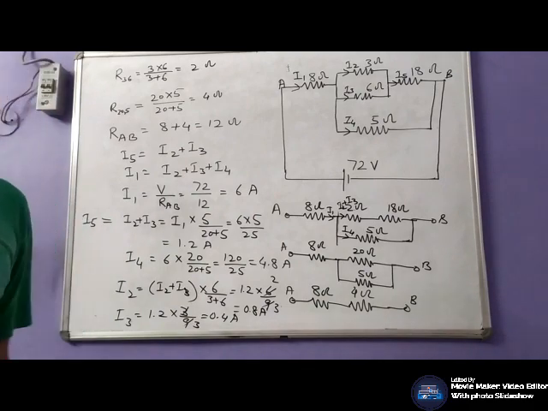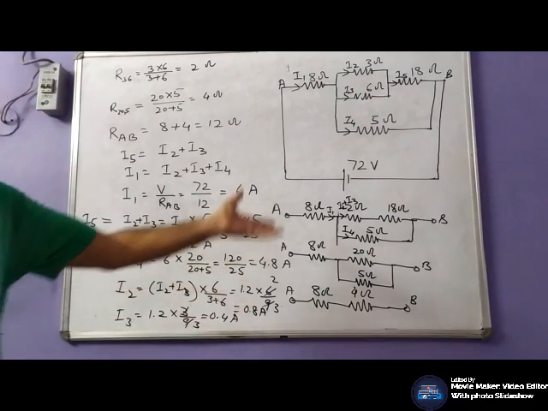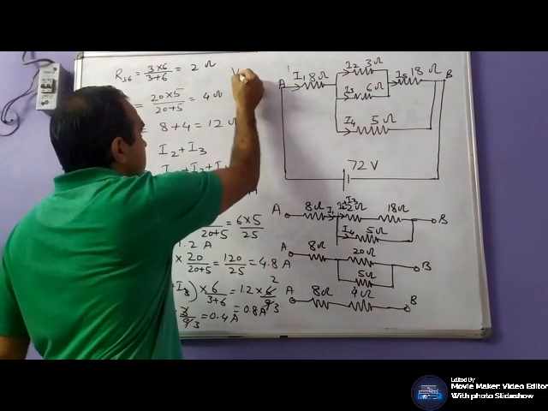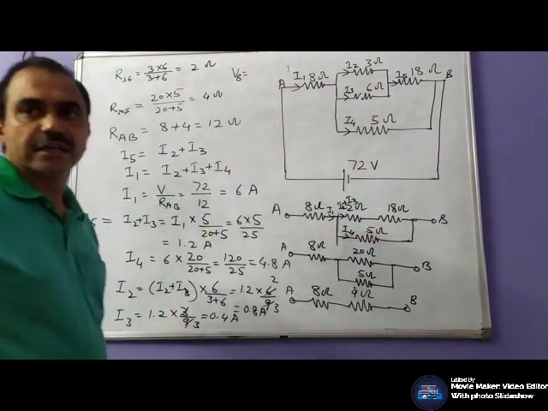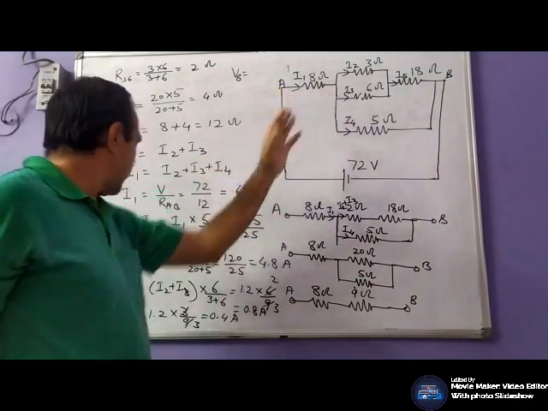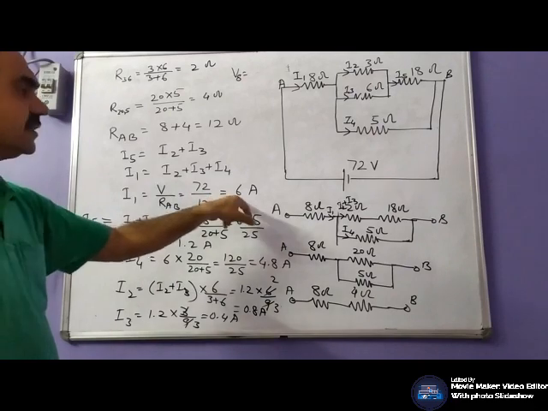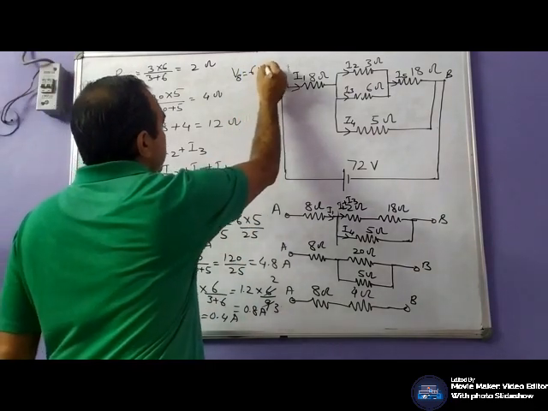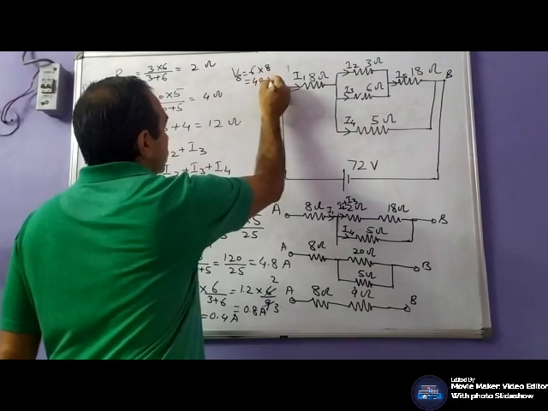Now simply you can find out the voltage drop across each resistance. What is the voltage drop across the 8 ohm resistance? Ohm's law, I into R. What is the current in the 8 ohm branch? I1. And what is I1? 6 ampere. 6 into 8, 48 volt.